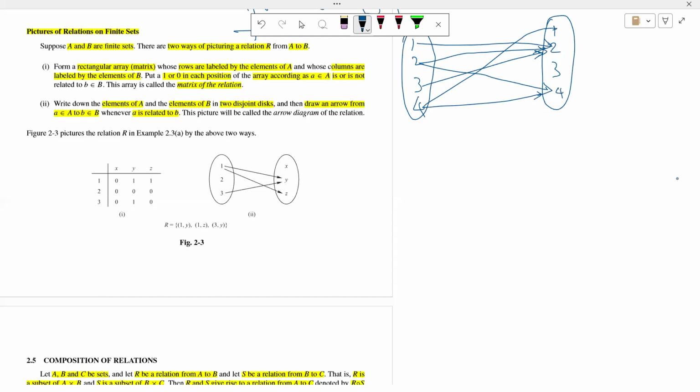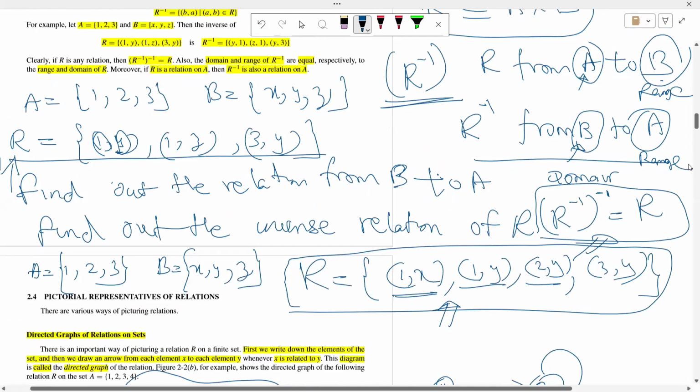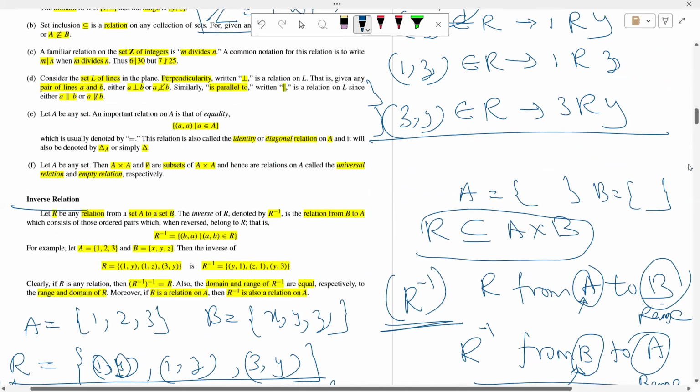Now they are giving two sets, A and B, right? Now they have considered this, right?